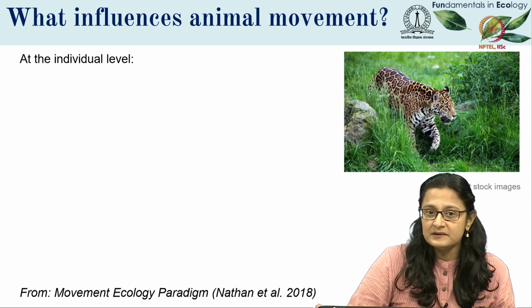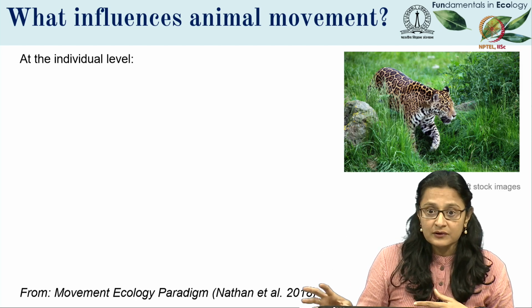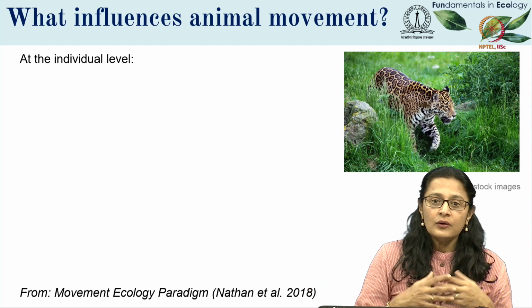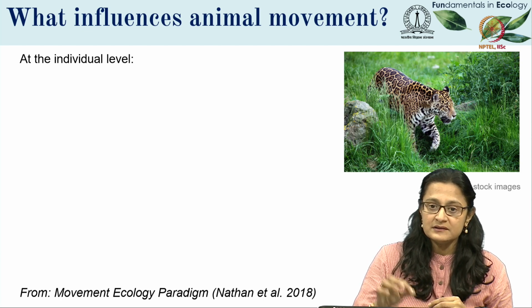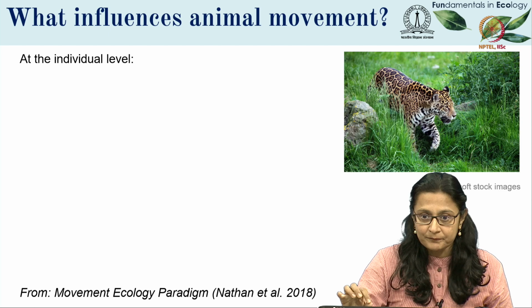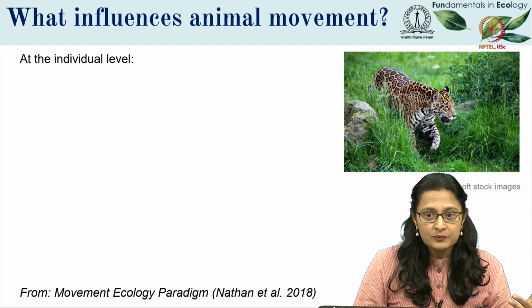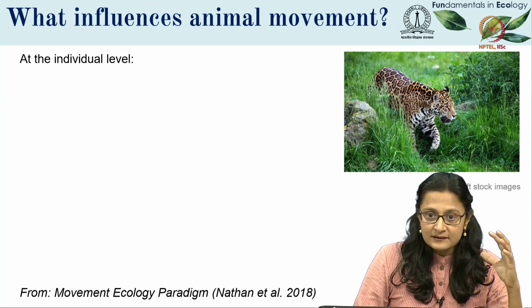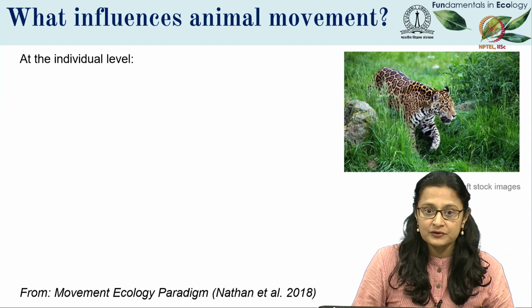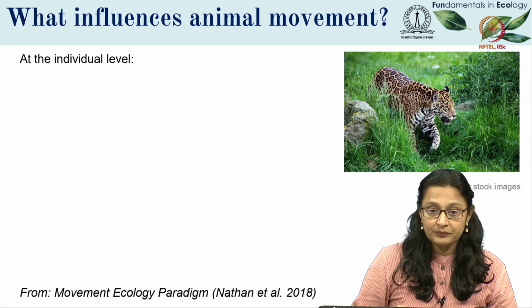So what influences animal movement? We're thinking about animal movement first, and then we'll talk about plant movement. Animal movement has to be thought about at the individual level because it's the individual that's moving. And there has been lots of research to understand what motivates movement and how movement is done. I take this list that I'm going to describe to you from what is called the movement ecology paradigm.